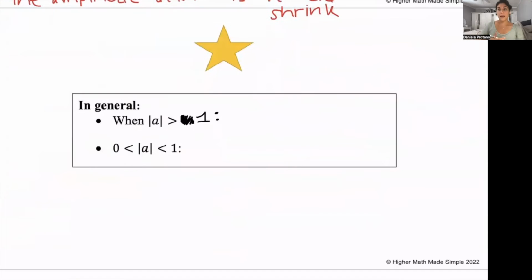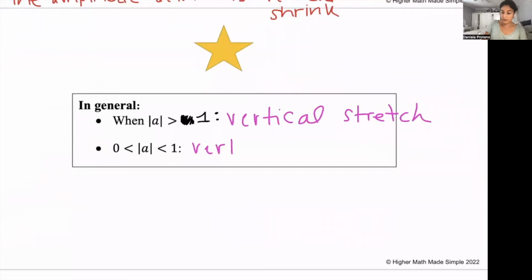Now remember that the A value is going to determine what the amplitude is, which is the absolute value of A, and it also affects the range, right? It's going to match that value. But particularly if that amplitude is bigger than 1, there is going to be a vertical stretch. And if that amplitude number is between 0 and 1, essentially pretty much like a fraction, it's going to be a vertical shrink.